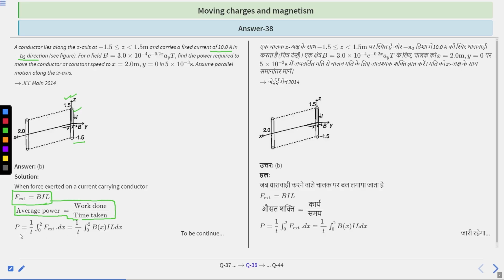So when you solve this equation and integrate this term, you will get the final answer. P equals 1 divided by T, times the integration from 0 to 2 of the integrand dx.